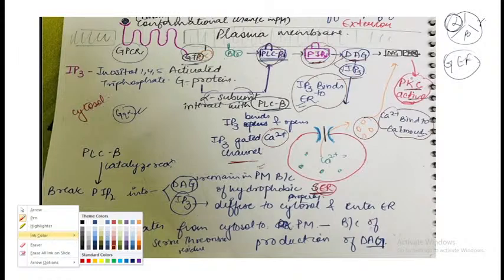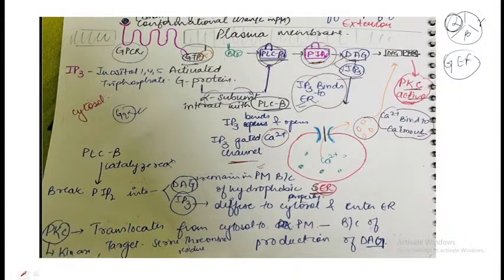Okay, so this PKC comes and gets activated, and as a result of this, what will happen? The further process, depending upon whatever role it needs to play, whatever the functionality needs to be done, it gets completed. So PKC translocates from the cytosol to the plasma membrane because of the production of DAG.